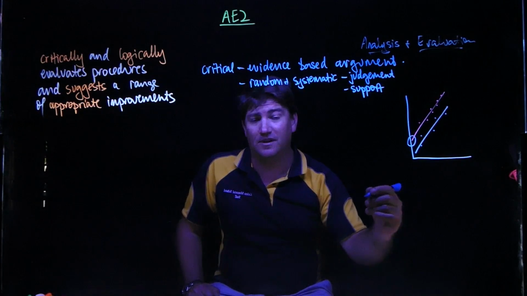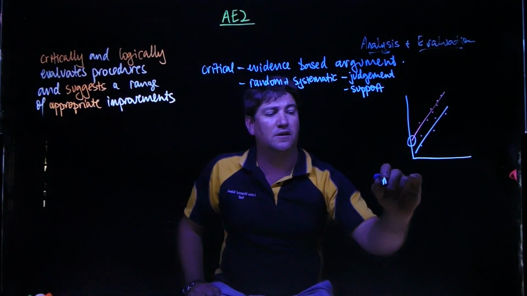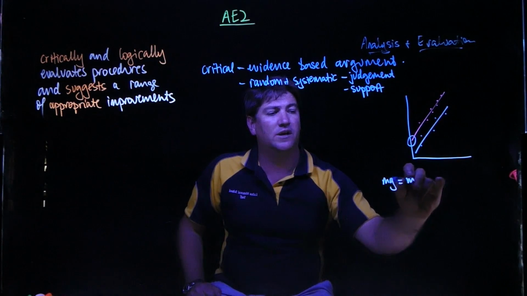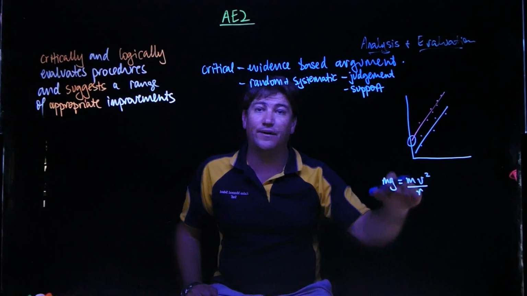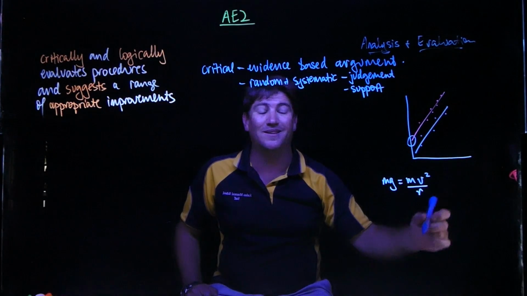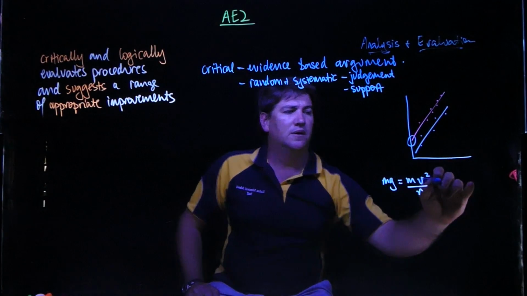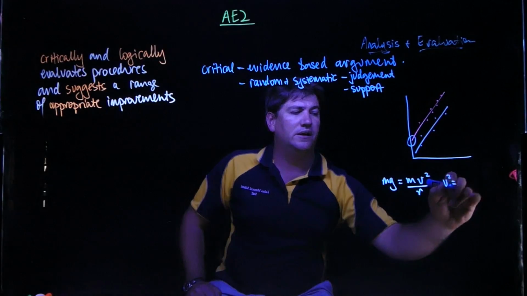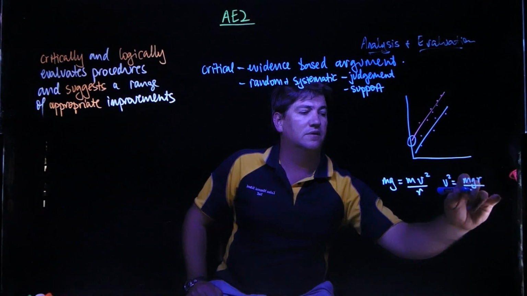And most of our data graphs, the equations, especially when we're dealing with circular motion, we ended up with this sort of relationship. There's no y offset, there's no y equals mx plus c, there's no plus c here. All we've got is v squared is mgr over the other m.